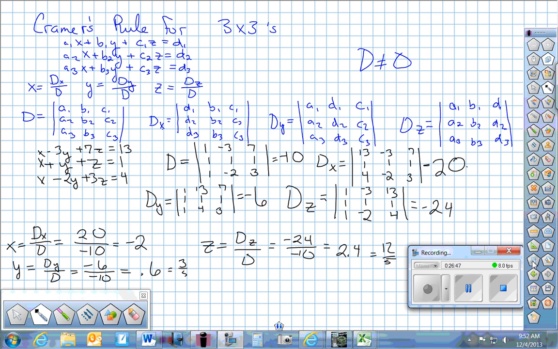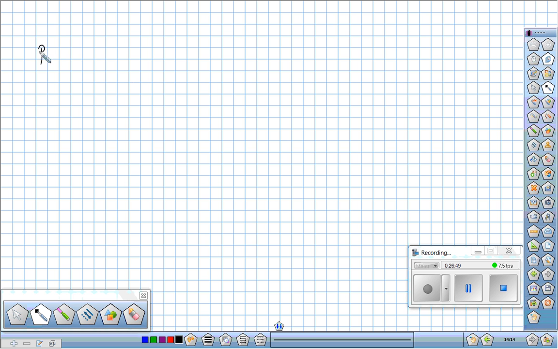For the 3 by 3 matrices on your homework, you can go ahead and do those on your calculator. If it says evaluate, I do want you to do it by hand. If it says solve using Cramer's rule, you can do the 2 by 2s. Please do those by hand so you just get some practice with them. And then do the 3 by 3s in the calculator is what I would suggest.